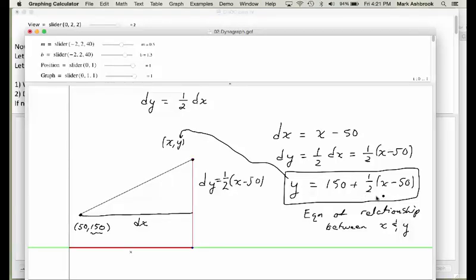So given a final total amount that you've painted, this will generate the corresponding amount that your friend has painted.